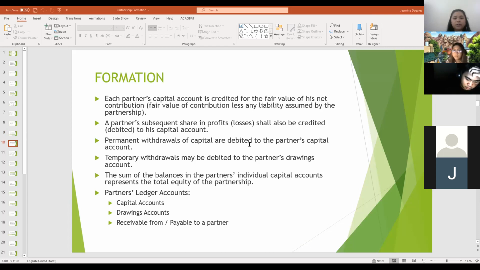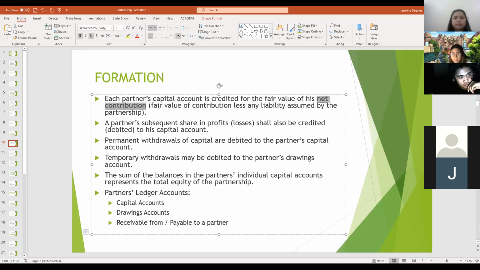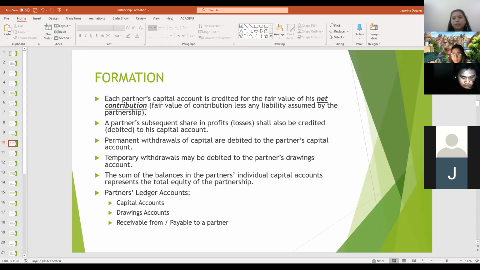Fair value of contribution less any liability assumed by the partnership. So remember, net contribution. Net contribution means fair value less any liability assumed by the partnership.